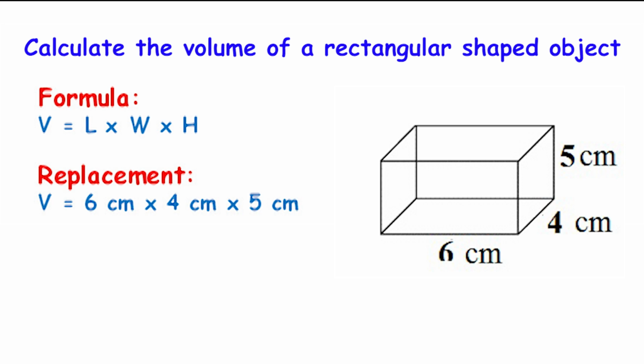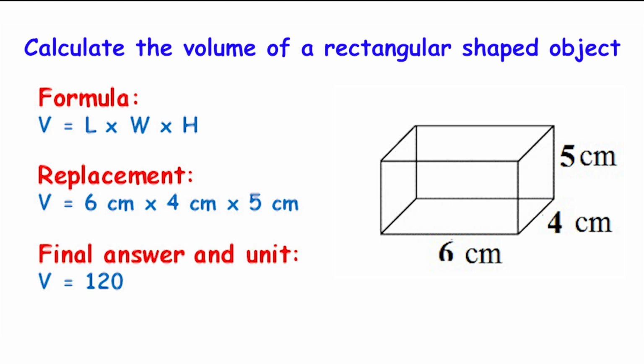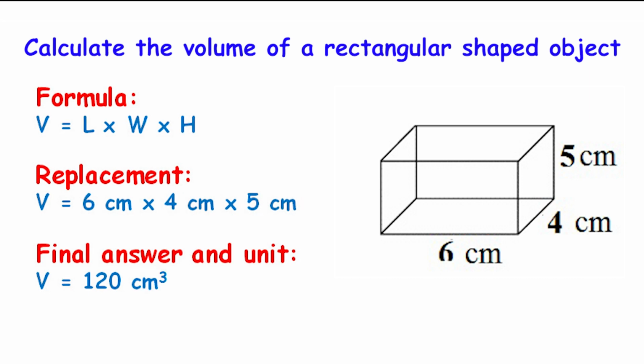What is the operation shown in this formula? Multiplication. So, I'll multiply 6 by 4 by 5, and the answer is 120. What about the unit? As I've multiplied centimeter by itself 3 times, the unit is cubic centimeters.